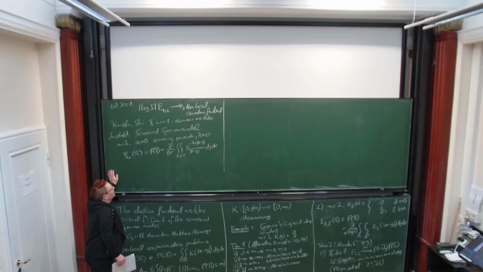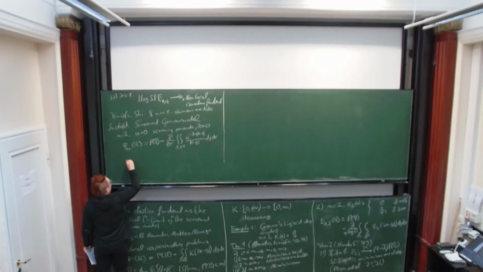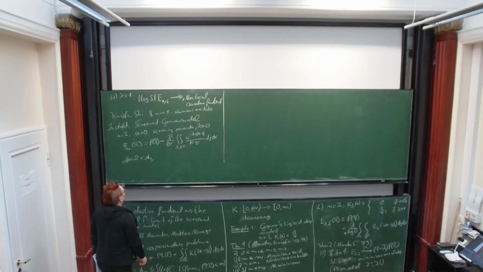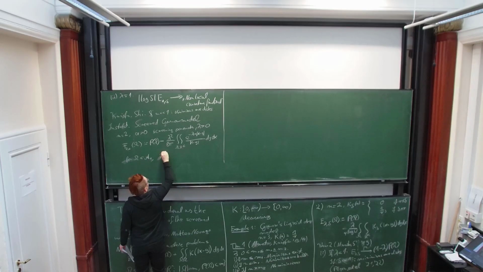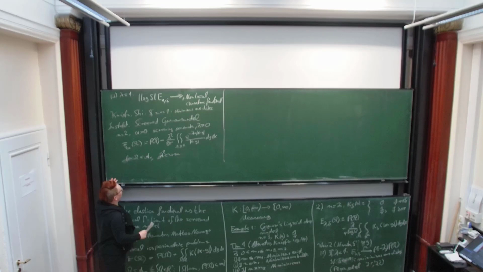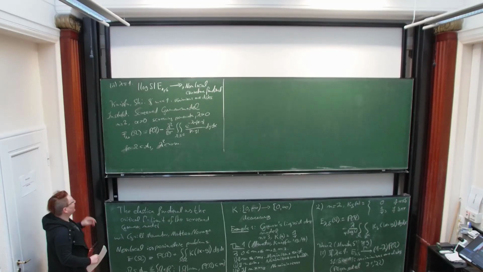And we ask ourselves, well, what happens? Okay, I should tell you what lambda is. Lambda, I did a rescaling, so I set the mass to 1, and then lambda squared corresponds to the mass I had over here. So I'm going to take lambda to infinity in a second. That corresponds to large mass.